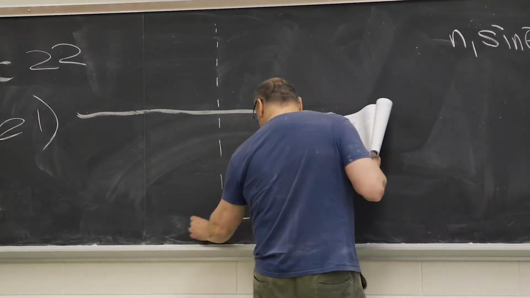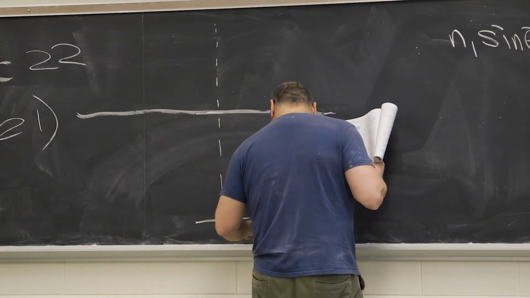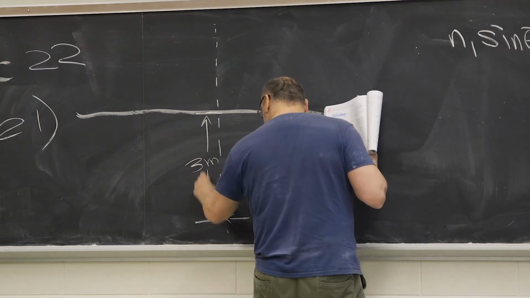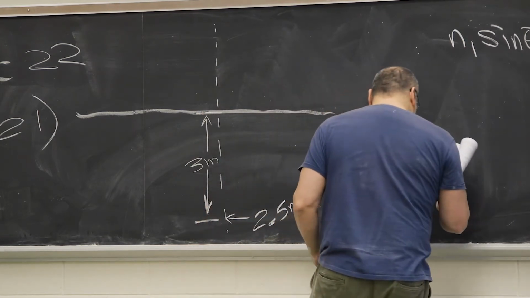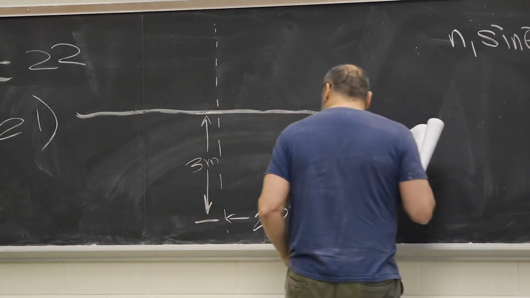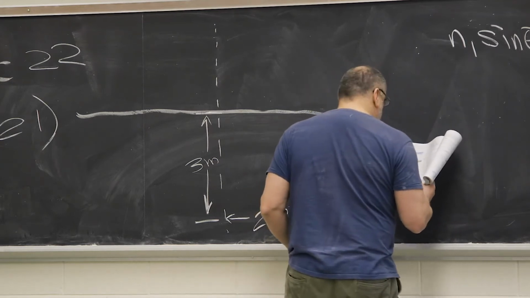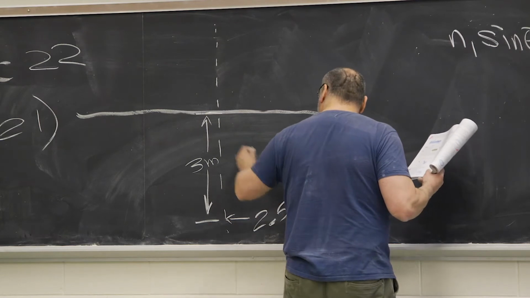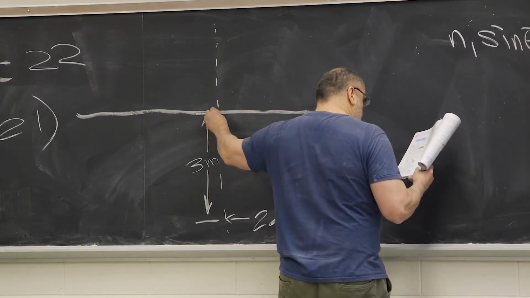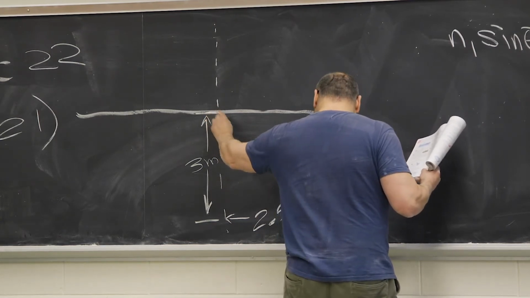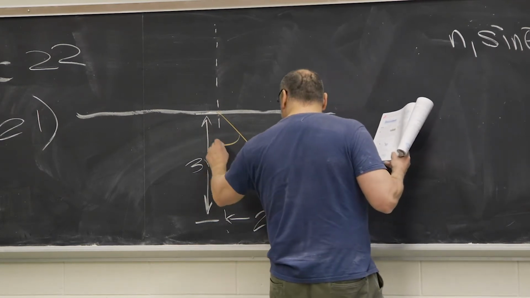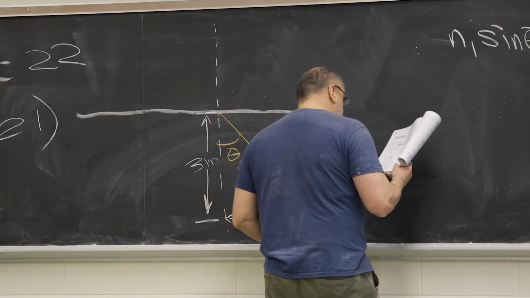The height from here to here is 3 meters. They're saying the light hits right here, and it just comes right down to there. So there's an angle here of theta sub 2.